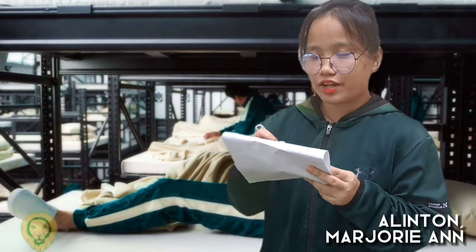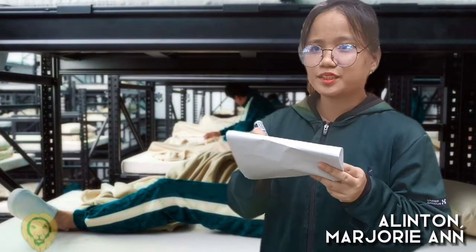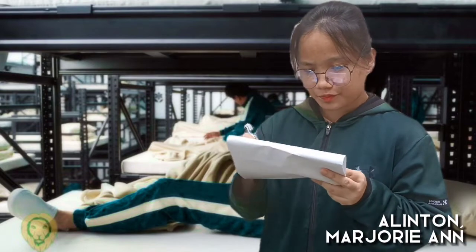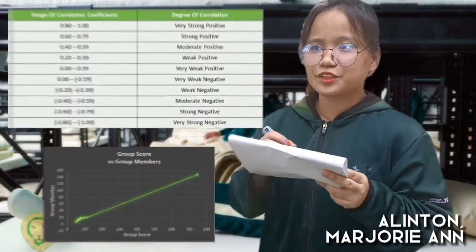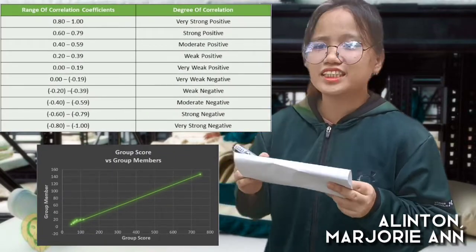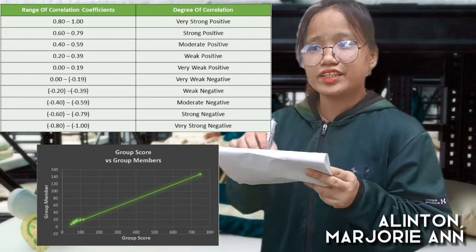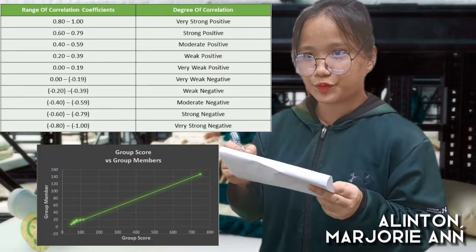Substitute all the values, then solve. So, the result we got is 0.89. And by looking at the degree of correlation, we can conclude that there is a very high positive relationship between the scores and the number of members in every group.